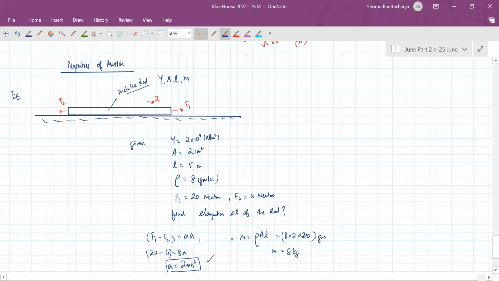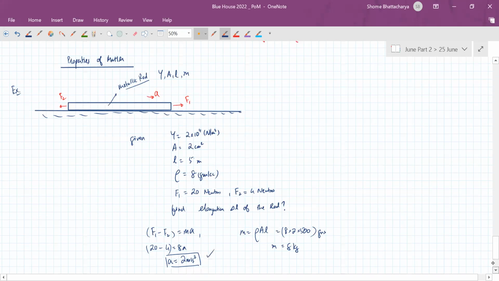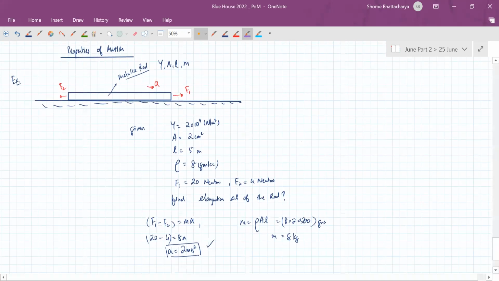So once you calculate this acceleration, you can now find the tension at any random point inside. Like, for example, if you want to find the tension at this point P, which is at a distance x from this side, so you can make an FBD of that much part.